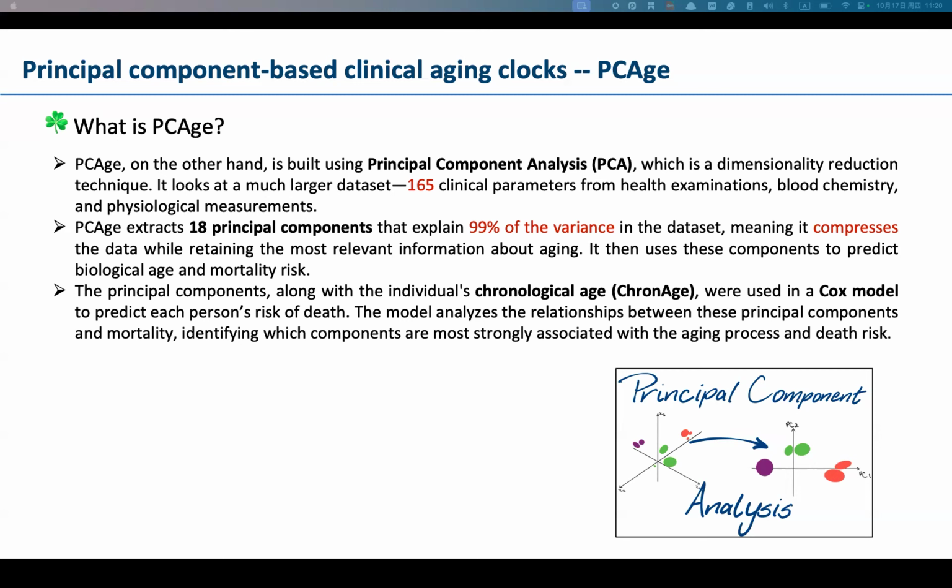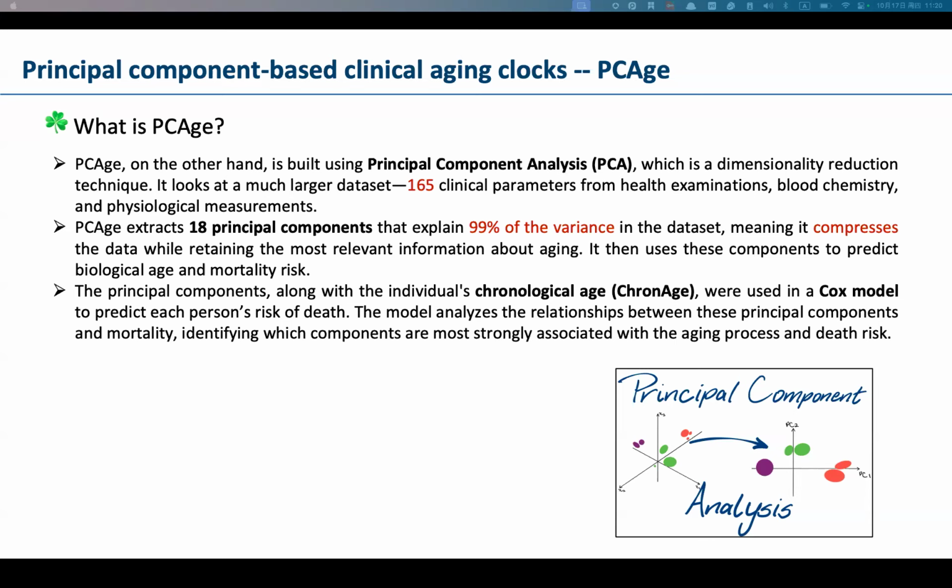It looks at a much larger dataset, 165 clinical parameters from health examination, blood chemistry, and physical measurements. And the PCA extracts 18 principal components that explain 99% of the variance in the dataset, meaning it compresses the data while retaining the most relevant information about aging.